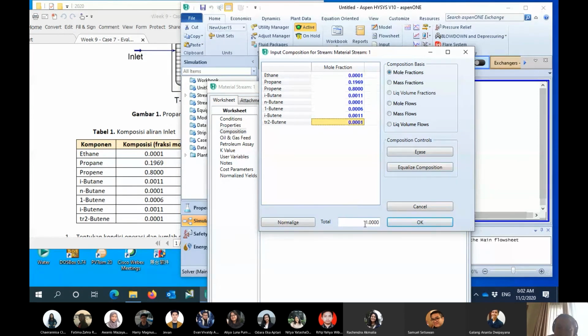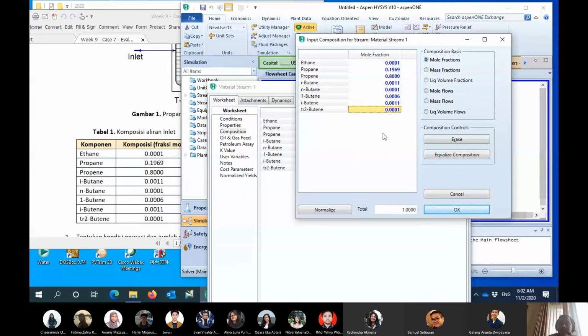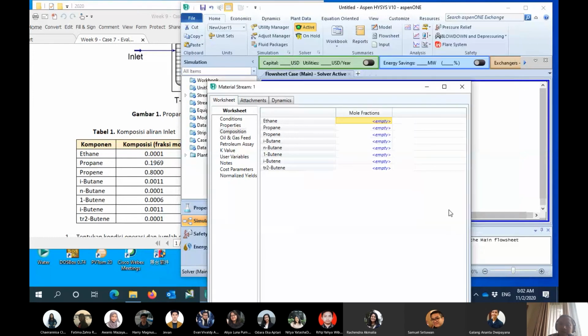The total will be 1, which means the mole fractions that I put in this table are correct. So I will click OK.